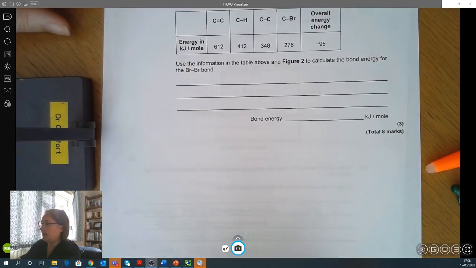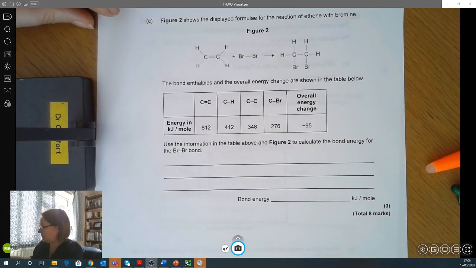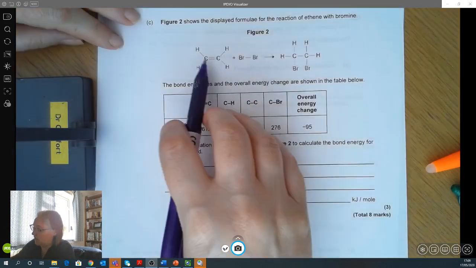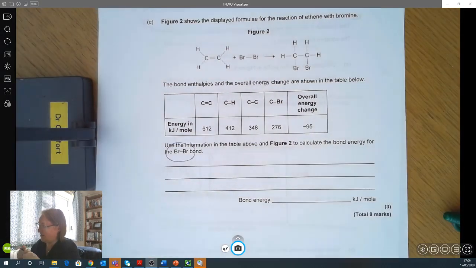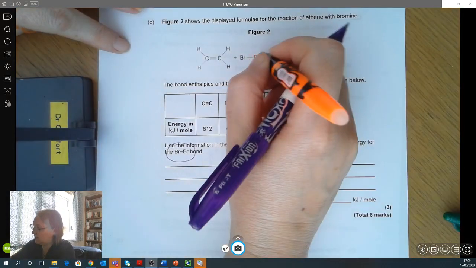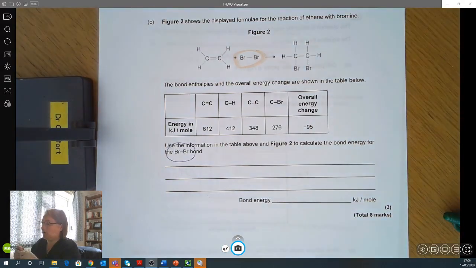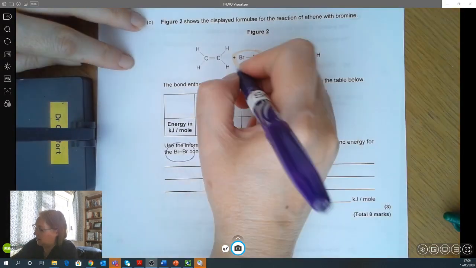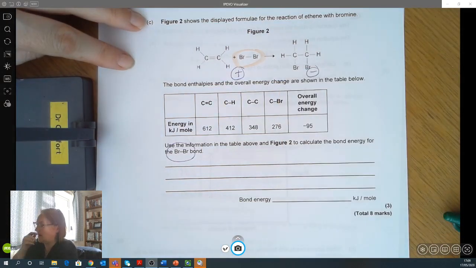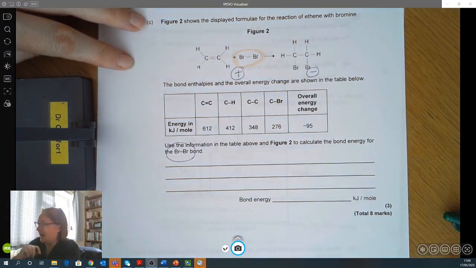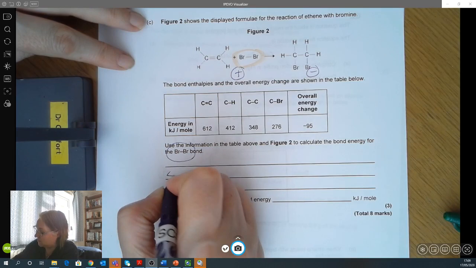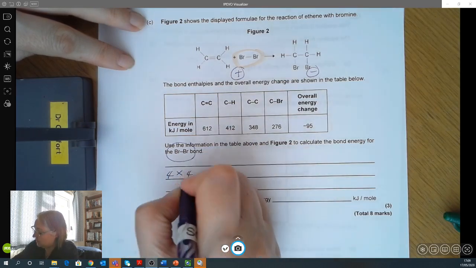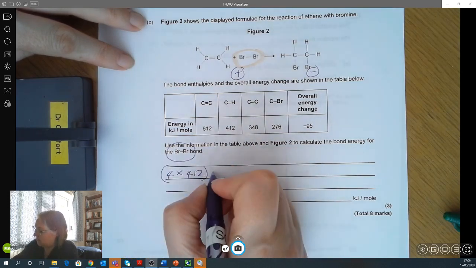Okay, and then we have another calculation. I've got my displayed formula given again, and this time I'm looking for the C-Br bond, which is the one I'm trying to find out about. So I have my bonds broken and my bonds made, so I have my pluses and my minuses, and then I will work through the calculation. First of all, I have 4 C-H bonds, so I times by 4.